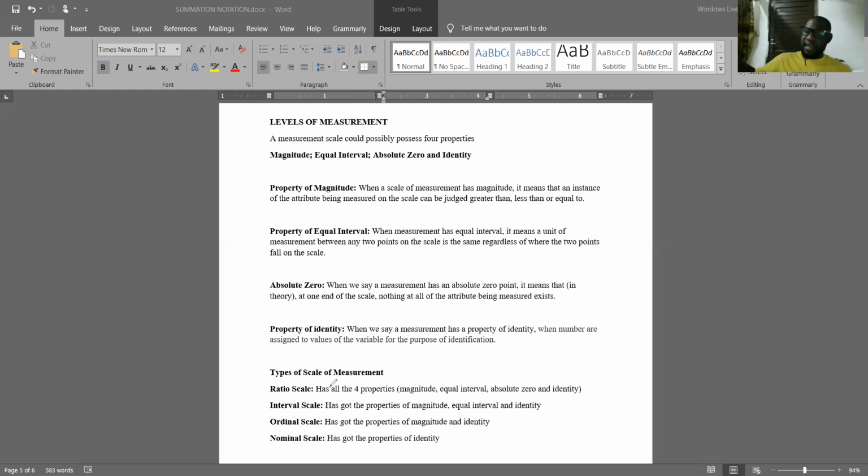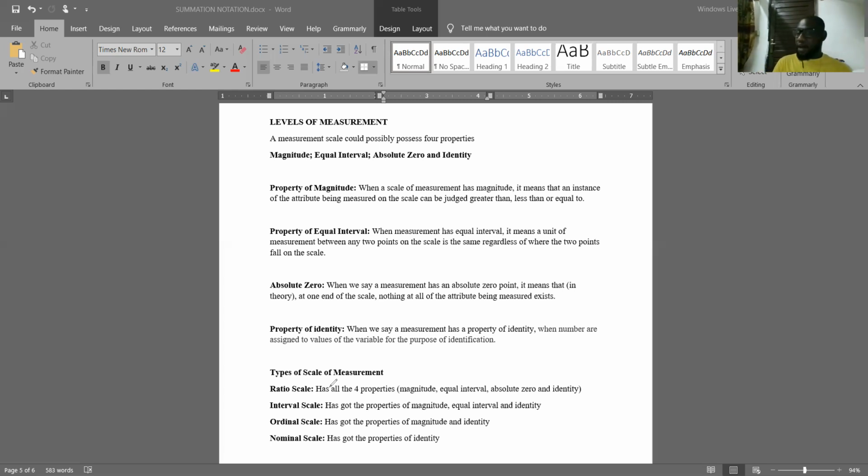First, second, third, up to last. So they're ranking, which means they have reduced your scores from ratio to ordinal. So ordinal has to do with ranking, finding positions.